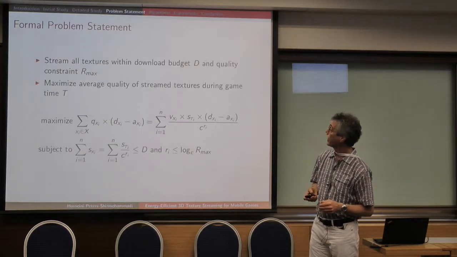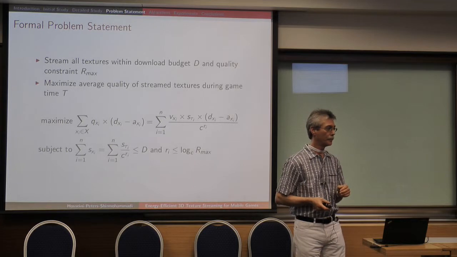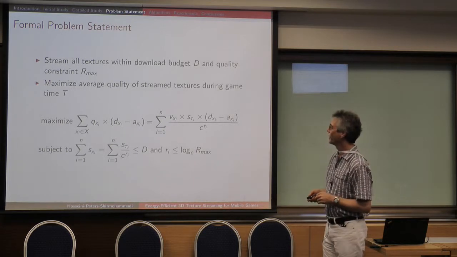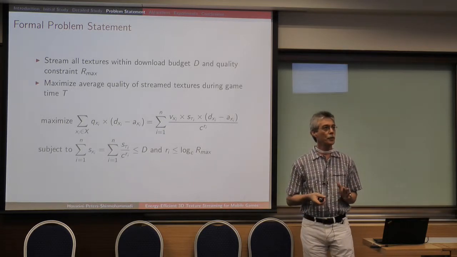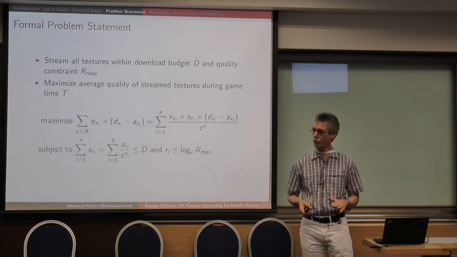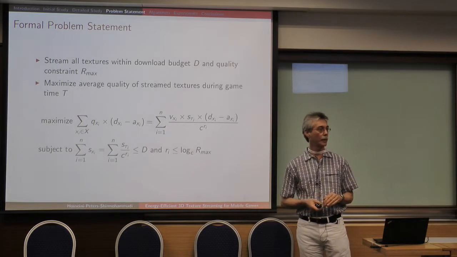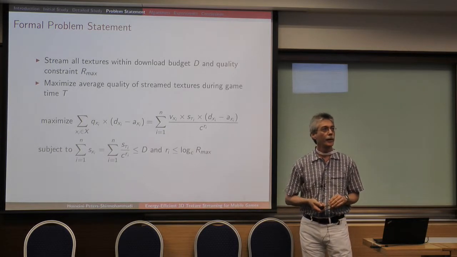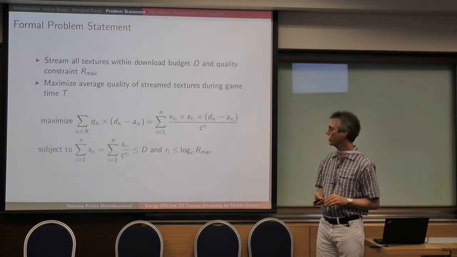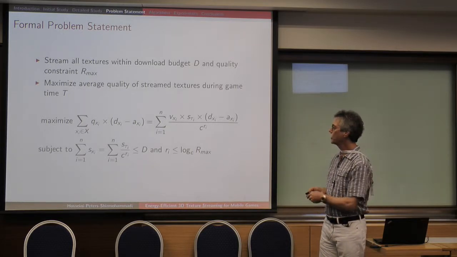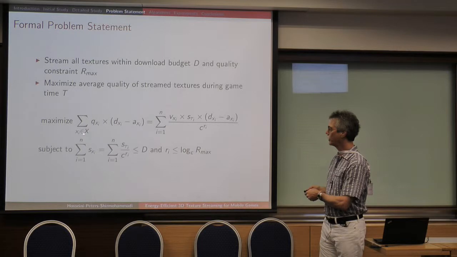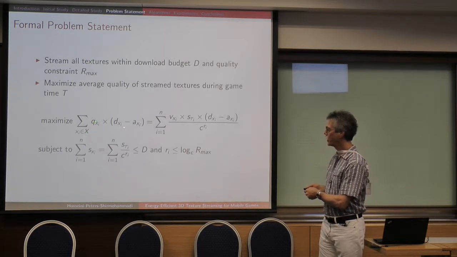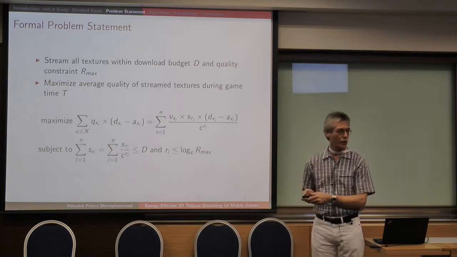So now I can formally state the problem. We want to stream all textures within the download budget and the quality constraint Rmax, and maximize the average over the game time. So this is maximizing the quality, summing over all textures that are streamed, of the quality times the time that they were actually visible.